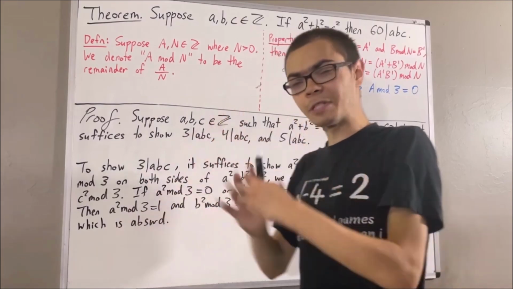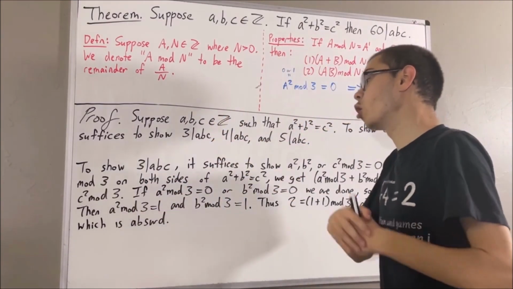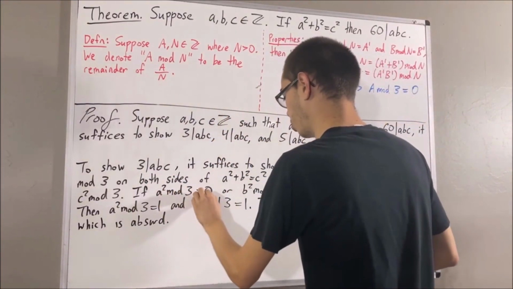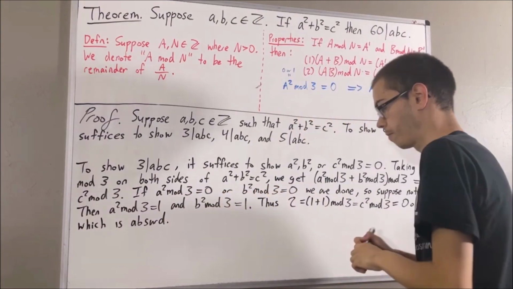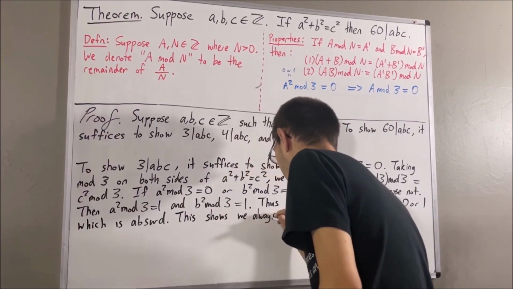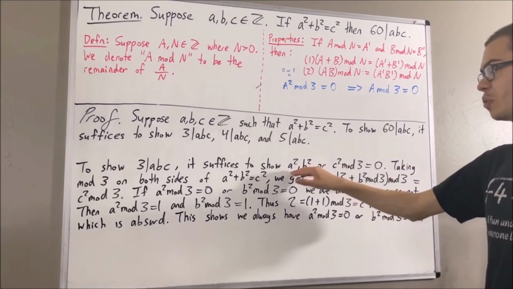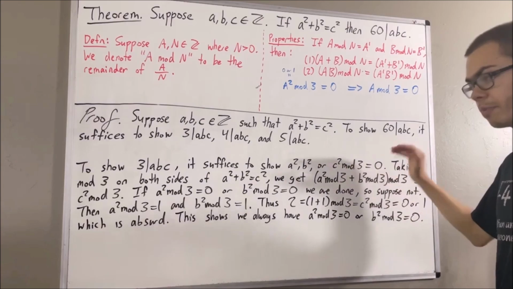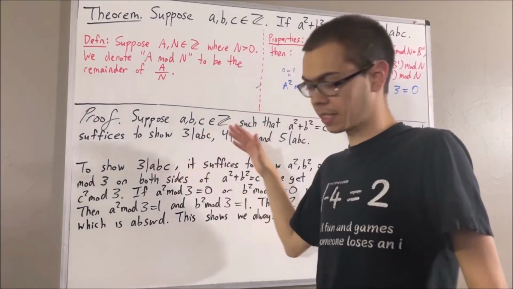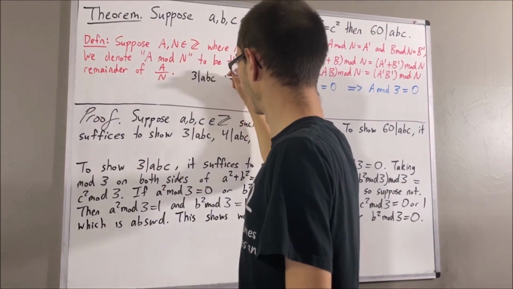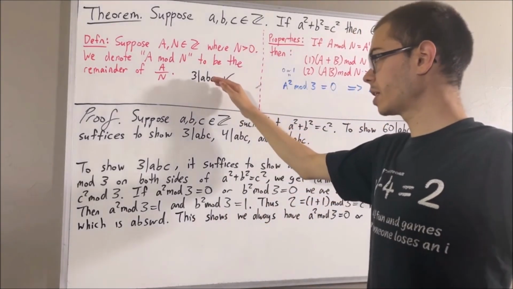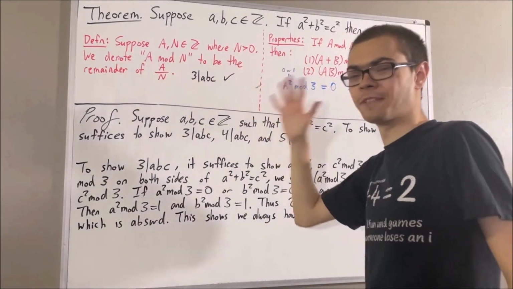So what we've shown is that it is always the case that a squared mod 3 equals 0 or b squared mod 3 equals 0. And therefore, at least one of these is always equal to 0, which means 3 divides ABC. So we've shown 3 divides ABC, now let's show 4 divides ABC.